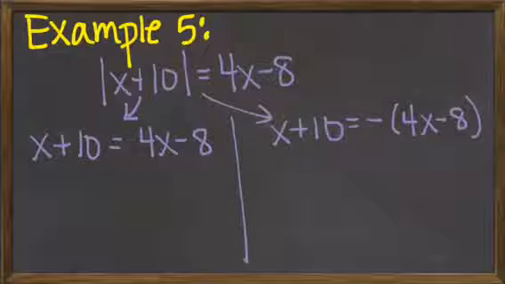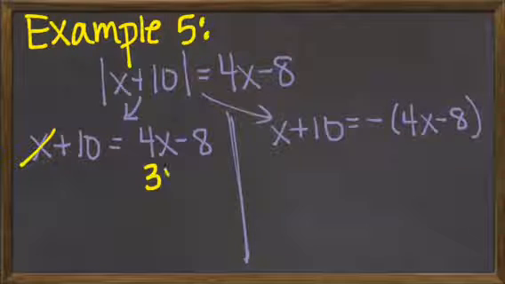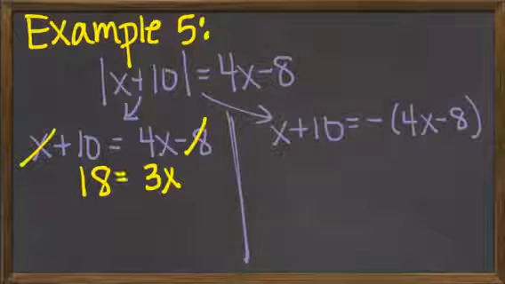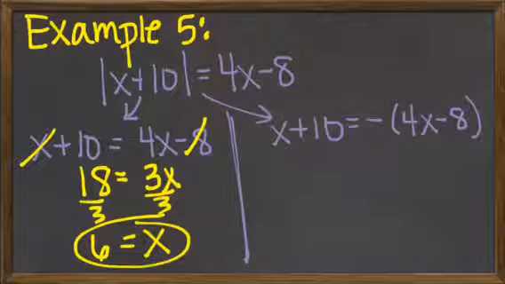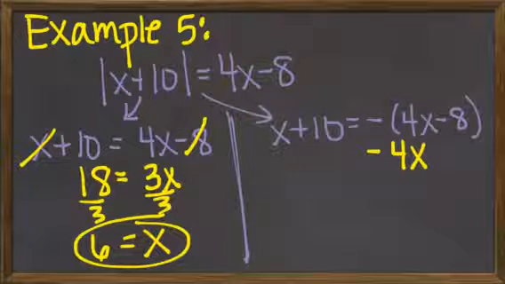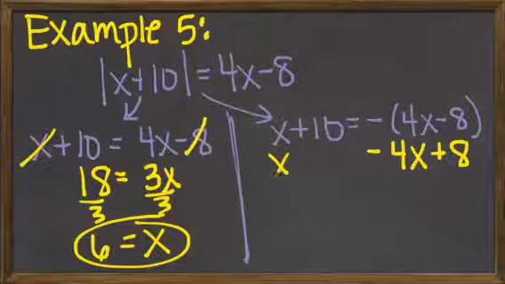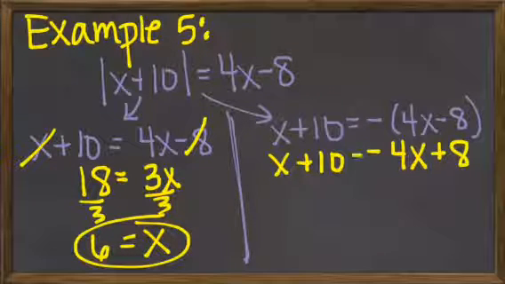So let's go ahead and solve the problem here on the left. I'm going to subtract x from both sides and get 3x. I'm going to add 8 to both sides and get 18. I'm going to divide by 3, and x is equal to 6. Over here, I've got to distribute my negative. So I have negative 4x plus 8. And I'm going to essentially do the same thing.